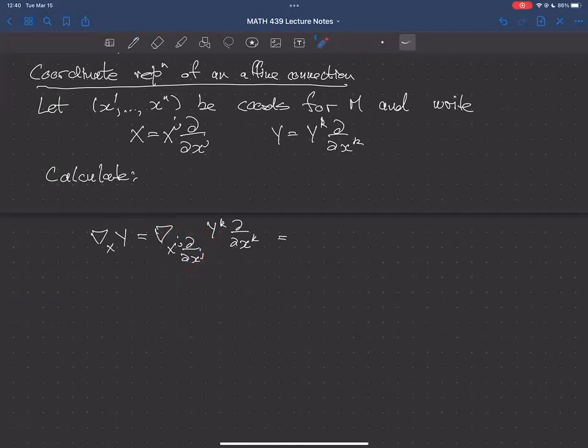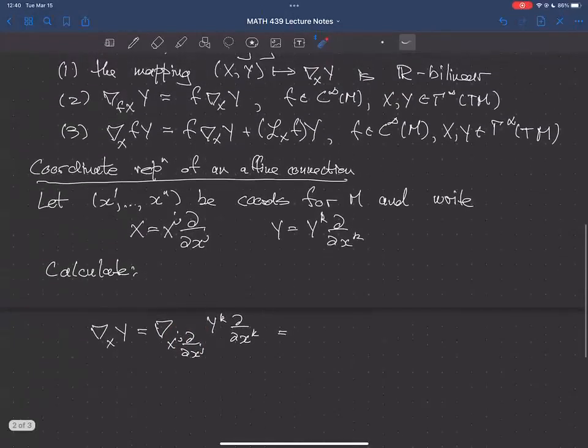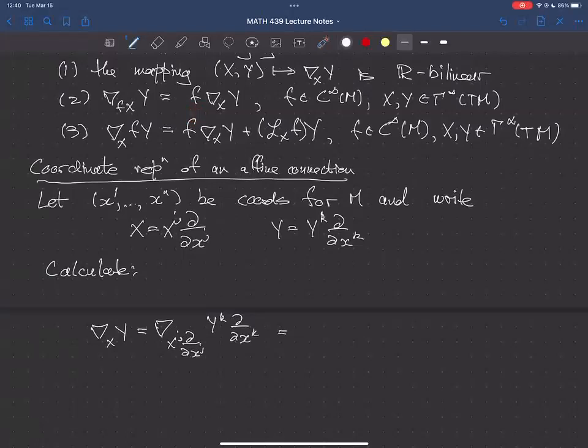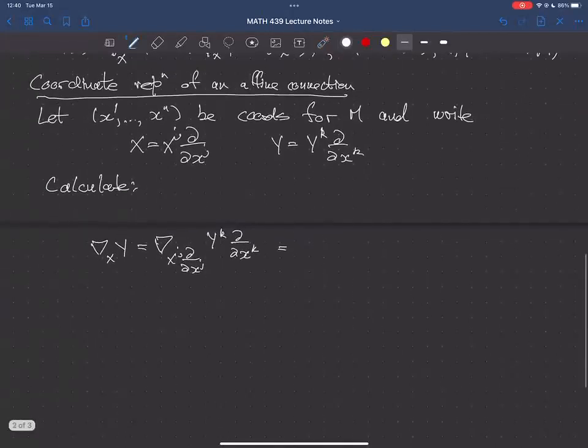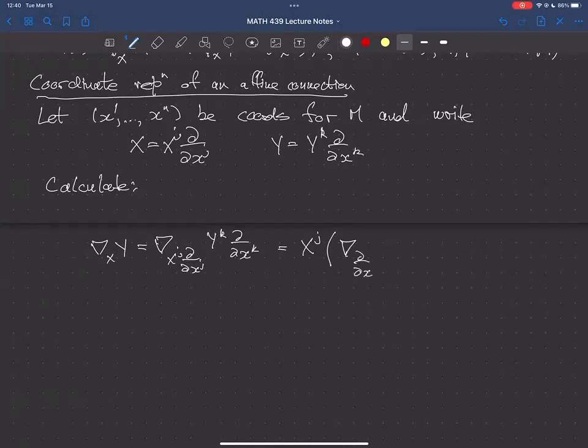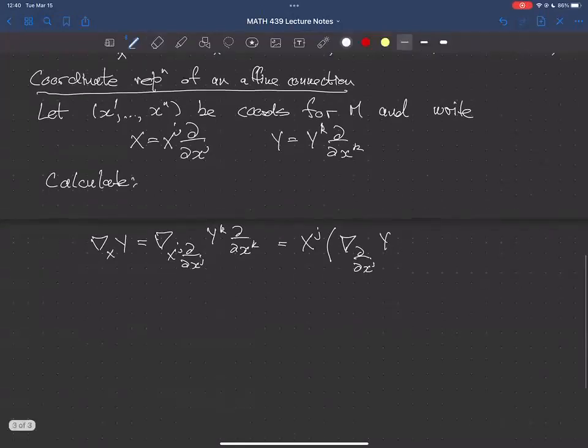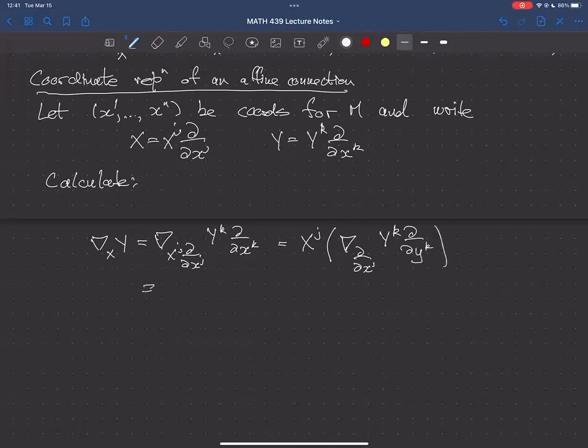All right, so let's first expand with respect to X. Now, X has this function times this vector field, and we know that that's particularly simple. The function just pulls out front. So first we get X^j nabla d/dx^j, and then we get, so I could expand that, but let me just do it slowly, Y^k d/dx^k.